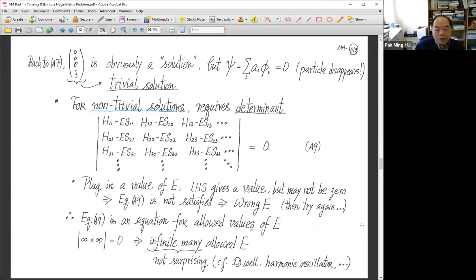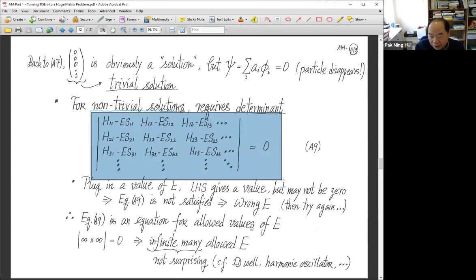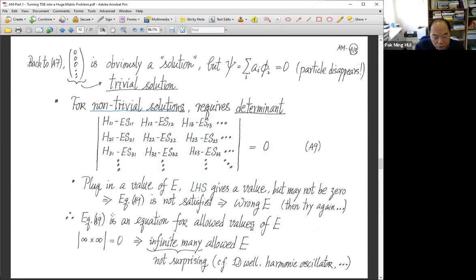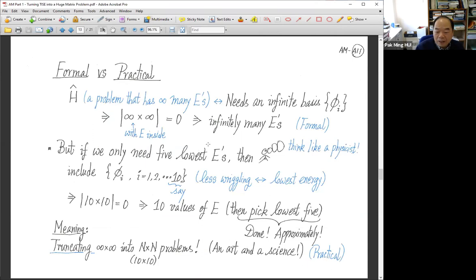Okay? So we already did that: non-trivial solution, set the determinant to 0. Then we have enough equations to solve for the energies. Then for each energy value, plug it back into the matrix equation and solve for the column vector, eigenvector A, okay? That is really good, formal, but more practically, we will do something lazier, okay?